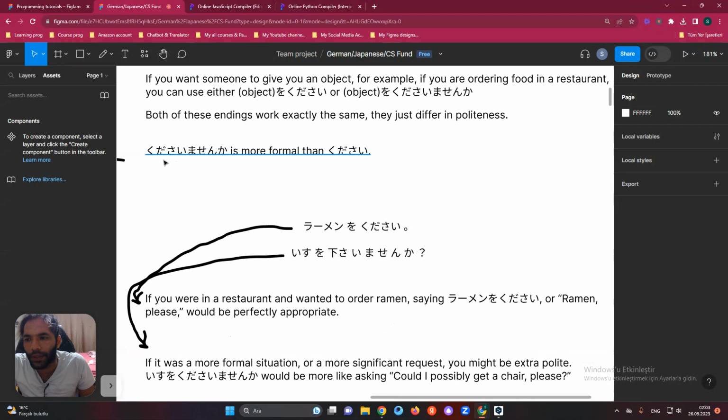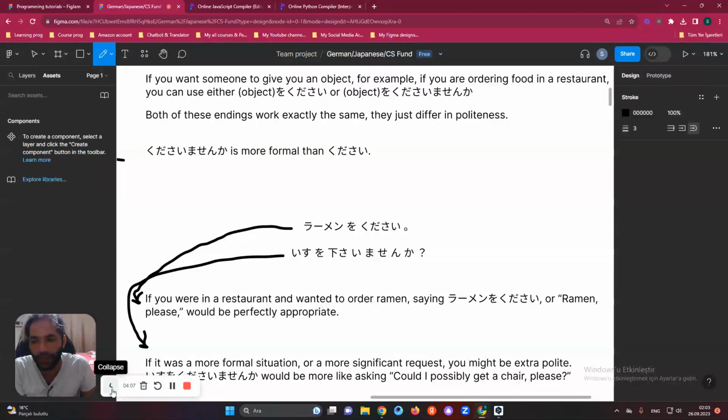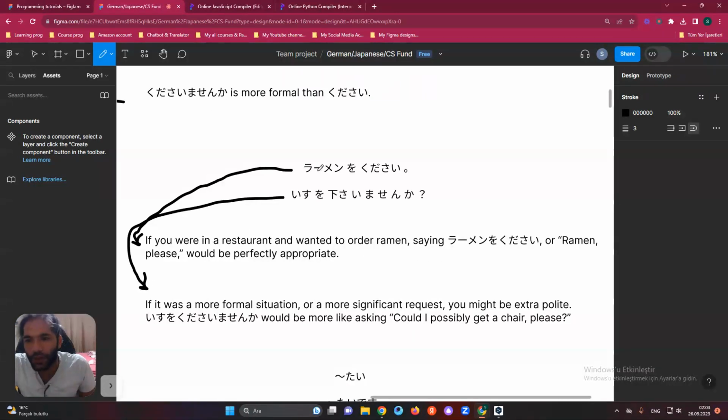So what we are talking about is that kudasaimasenka is more formal than kudasai. As you understand, kudasai is okay, but o kudasai and masenka is better in terms of politeness. So ramen, it's here, ramen. Oh, yeah, ramen. It's katakana. You can remember that this line is making a longer sound.